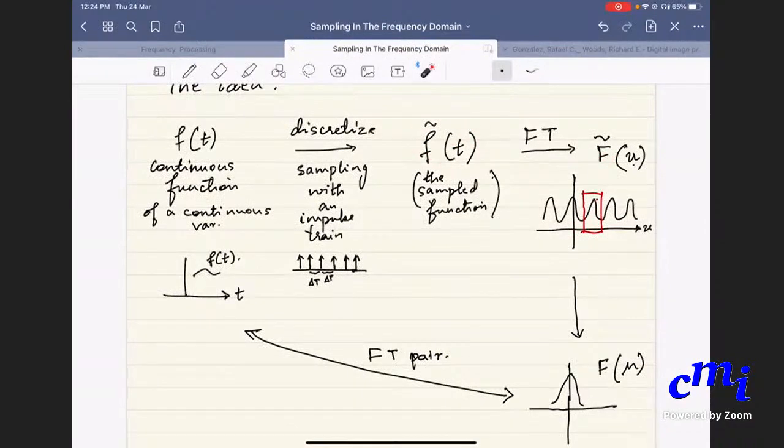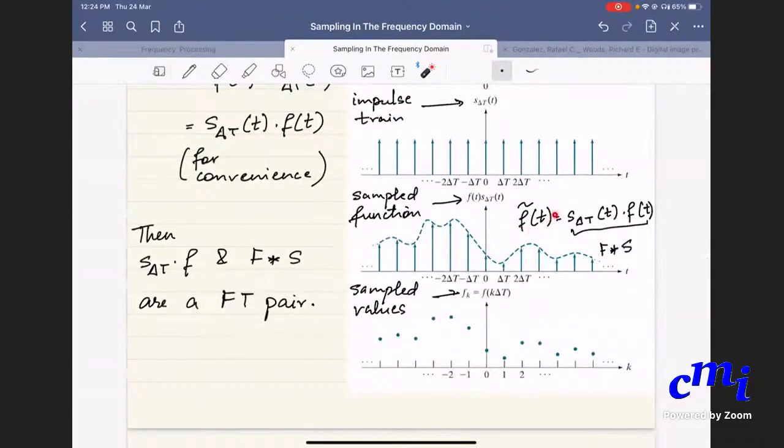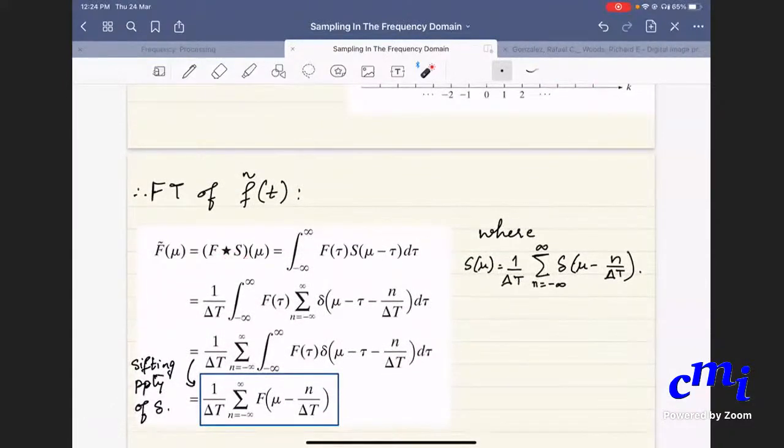Taking the Fourier transform of f tilde is like taking the Fourier transform of this whole thing. But the Fourier transform of this whole thing is capital F convolved with S, because these are a Fourier transform pair, by the convolution theorem. So we just have to look at what F star S is.